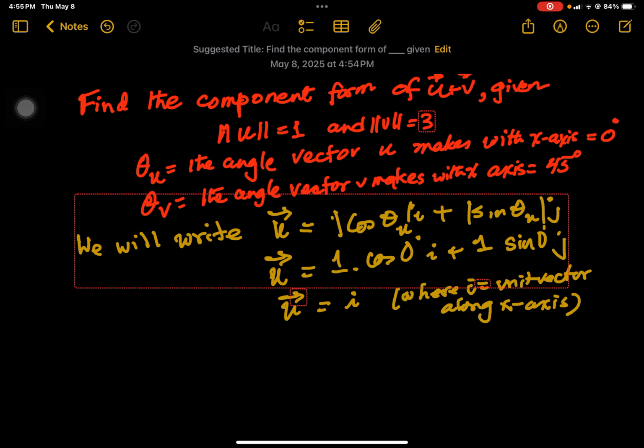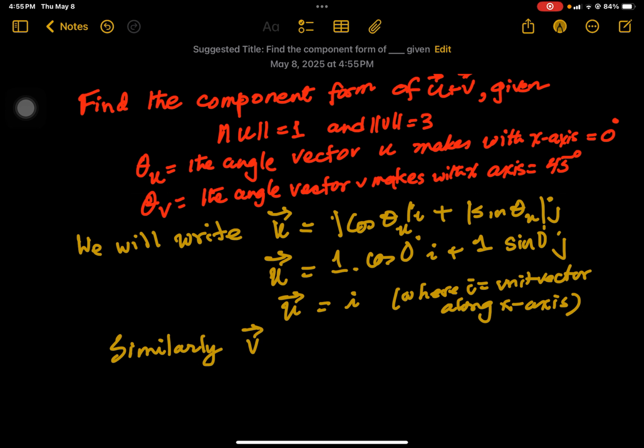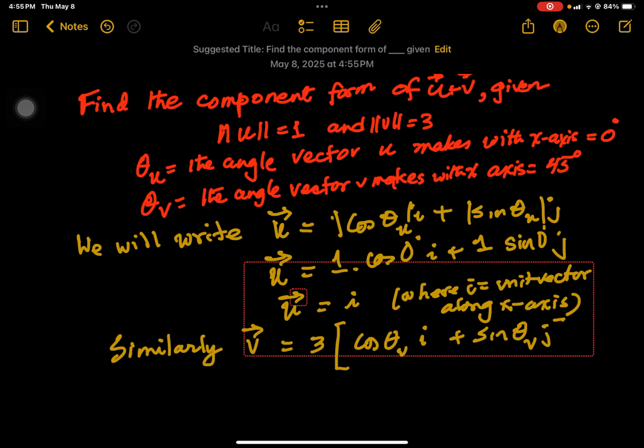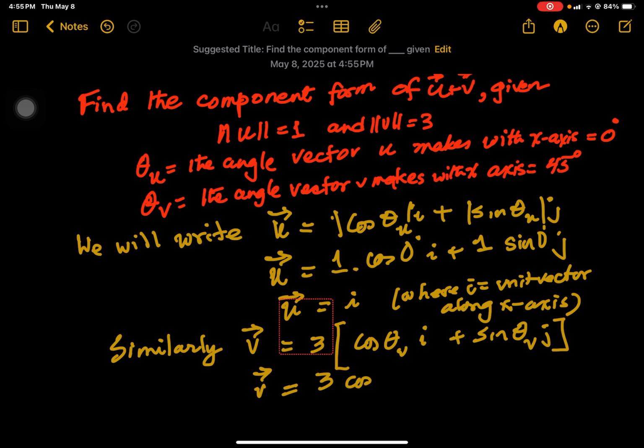Okay. Similarly, vector v is equal to, the magnitude of vector v is 3, times cosine theta v i plus sine theta v j. That is, vector v is equal to 3 cosine of 45 degrees i plus 3, I'm distributing the 3 inside, sine 45 degrees j.